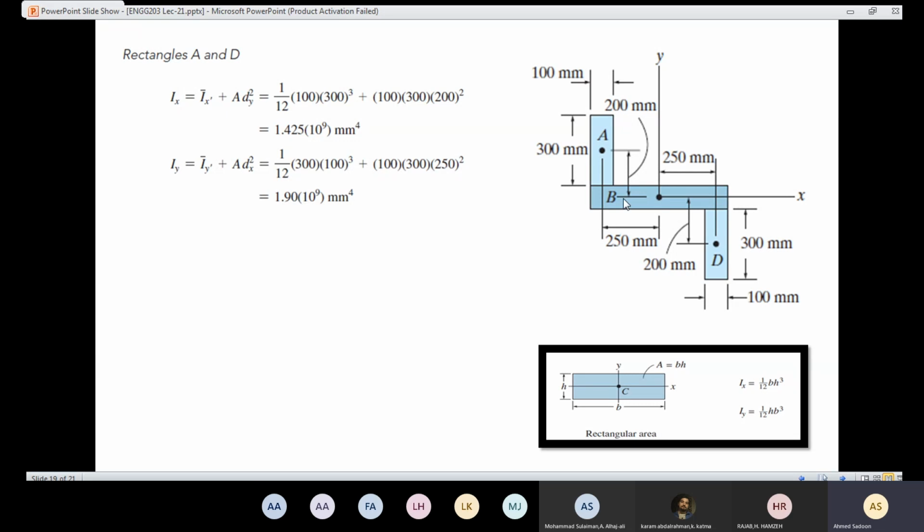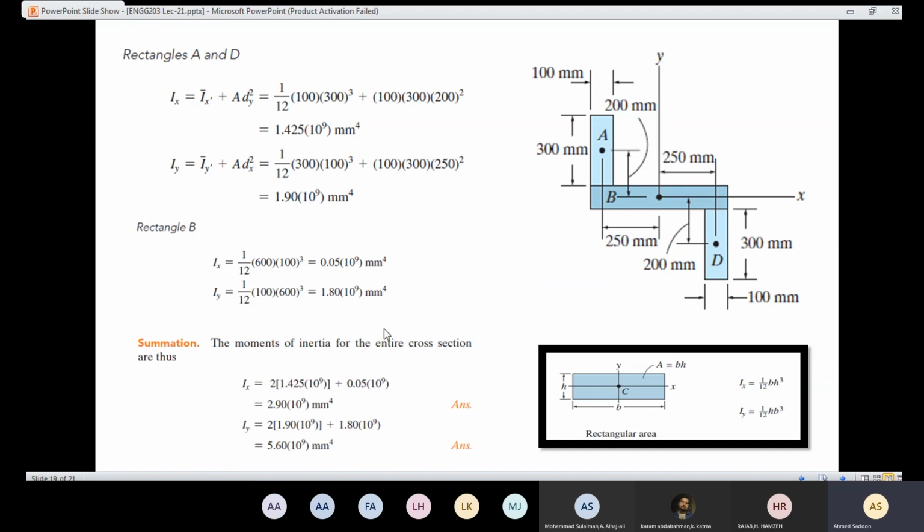Now what about B? For B, since the centroidal axis is the same as that axis here, it means that this part is going to be 0. No difference in x and no difference in y. For rectangle B here, like you can see, this part is going to be cancelled. So I'm going to have only 1 over 12 b h cubed and 1 over 12 h b cubed for x and for y.